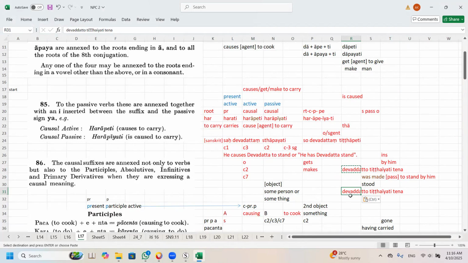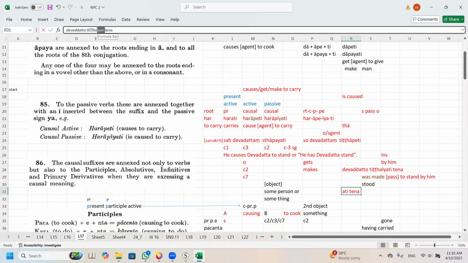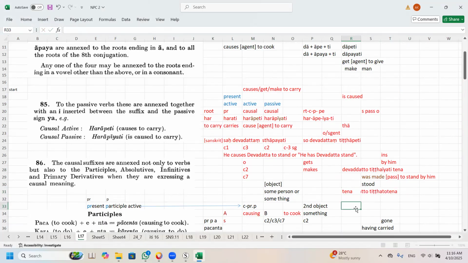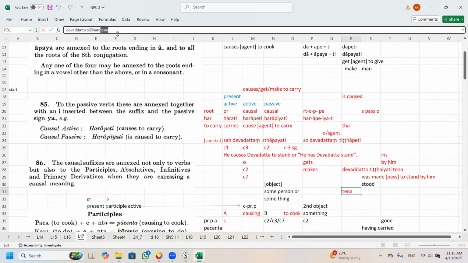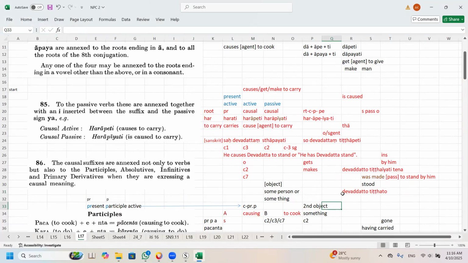PPP is where we take away the "ta"... use apiyati. Can you see? If we don't see the instrumental, Devadatta Titato, that means you say Devadatta stood.